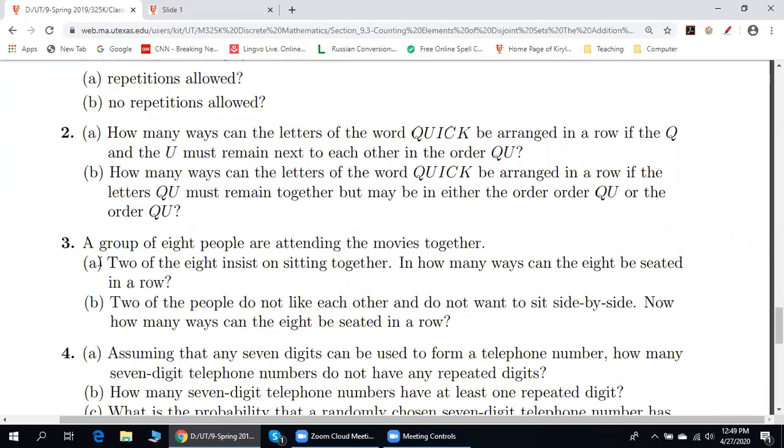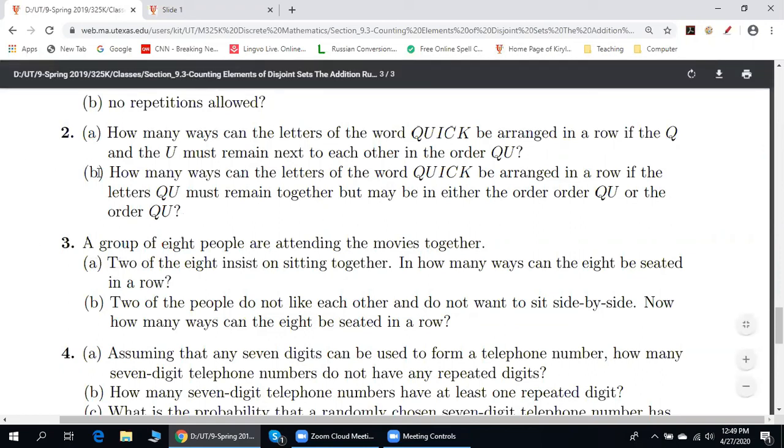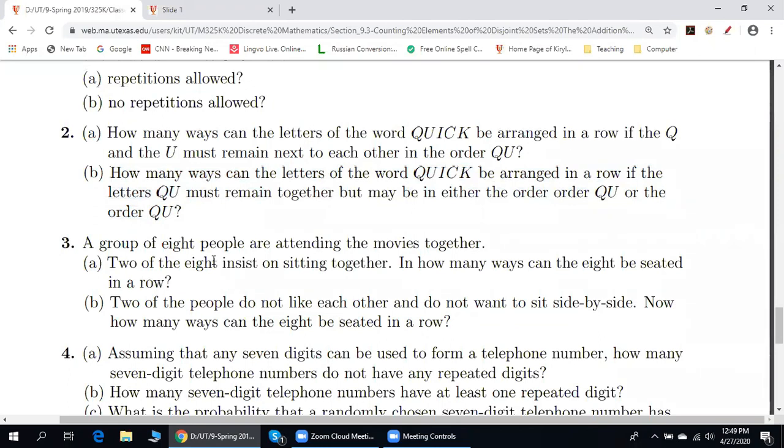Because we think about these 2 people as one object, so instead of 8, we have 7 different objects. But the order within the pair matters: we have person number 1, person number 2, or person number 2, person number 1. So similar to 2b, we have 7 factorial plus 7 factorial, which is 2 times 7 factorial.